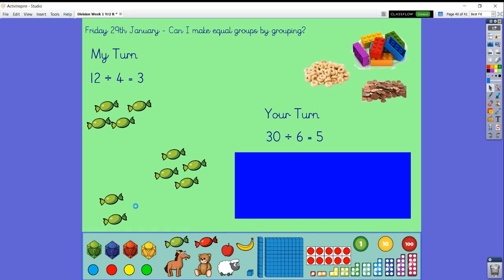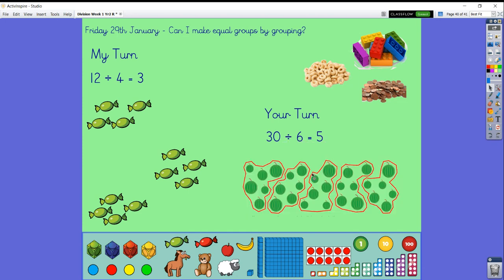So I've grabbed 4 green sweets and put them in a group. I grabbed another 4 green sweets and put them in a group. And I grabbed another 4 green sweets. So I had 12 green sweets altogether, grouped into 4s, gave me 3. So your turn. Can you have a go? Can you get 30 items and then can you put them into groups of 6? Can you grab groups of 6? I wonder what yours look like. Mine look like this.